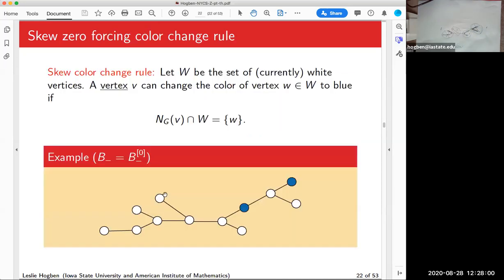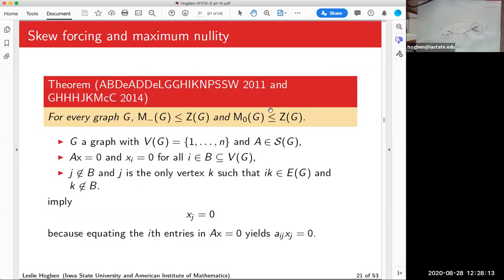But it is on the next slide, the skew color change rule. Any vertex that has exactly one white neighbor can change the color of the white neighbor to blue if there's exactly one white neighbor. And so then you get the maximum skew nullity is less than or equal to, and again, these should be Z minuses right here. They're not Z's, they're Z minus.